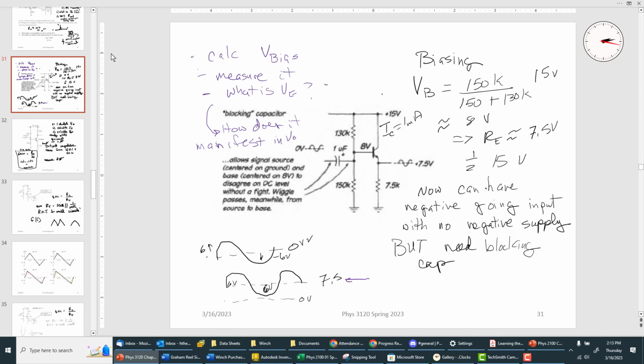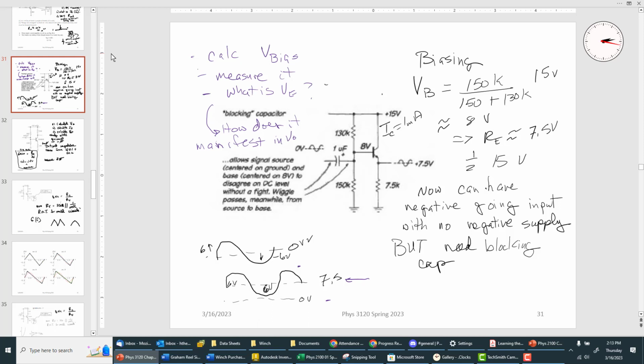You also have limits to how high you can go and how low you can go. I don't believe you can go all the way down to 0 because you have to deal with diode drops, and you have to remember the two rules. You have to always satisfy the two rules that VCE is a few tenths of a volt and that V base has to be 0.4 to 0.6 volts higher.